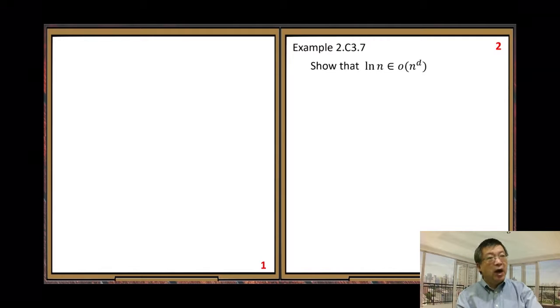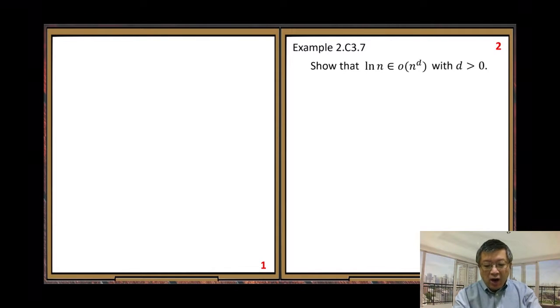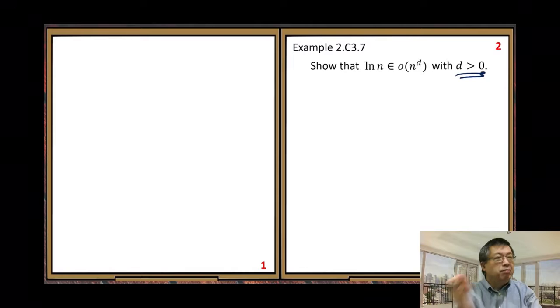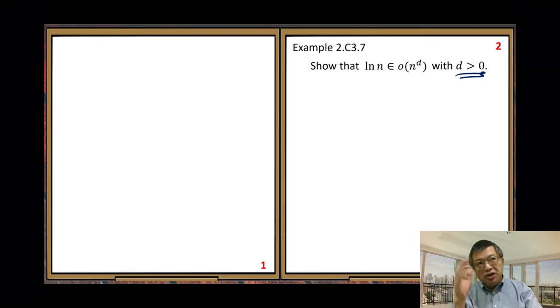If you look closely at this result, after we prove it, we will use it a lot. The only requirement is that d is positive. How large d is, is not important. Even if d is a very, very small number, it is still true.